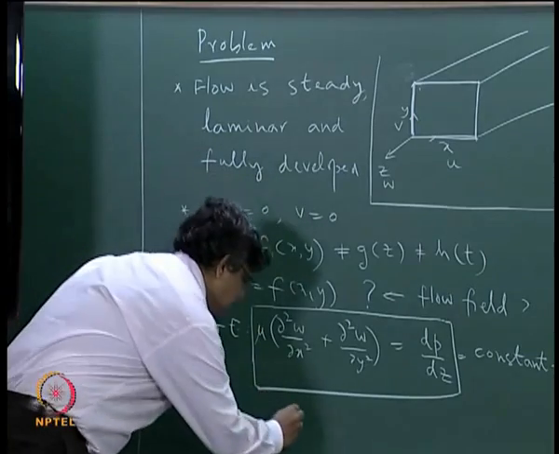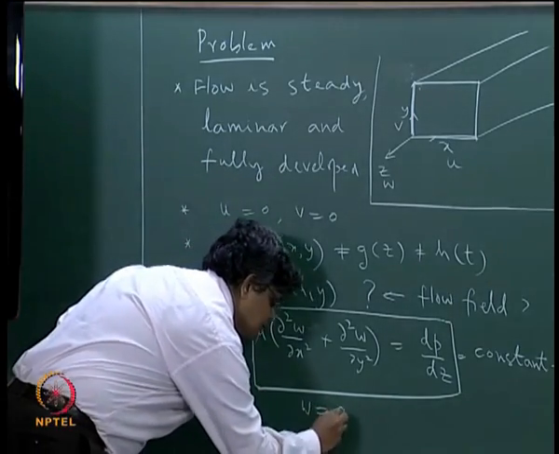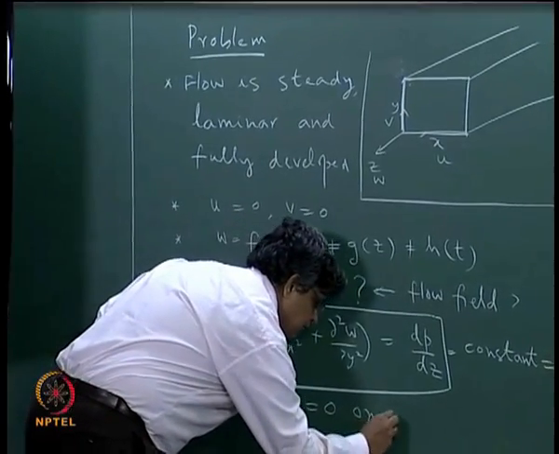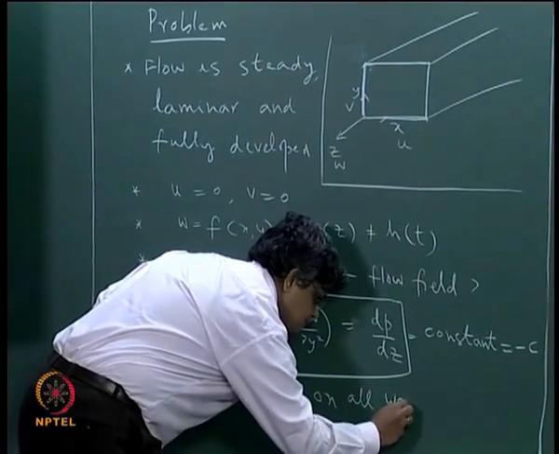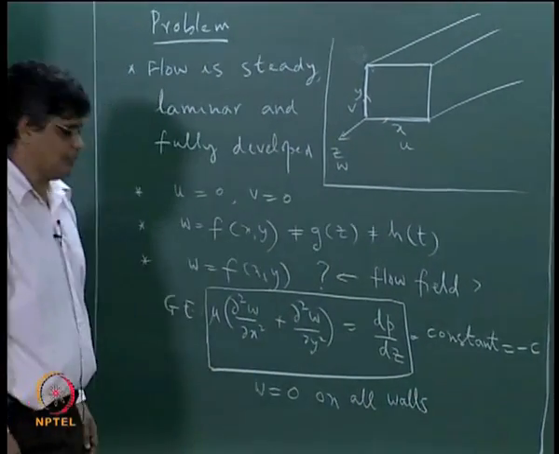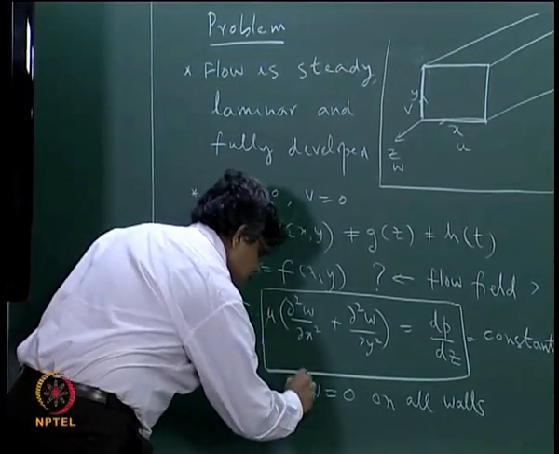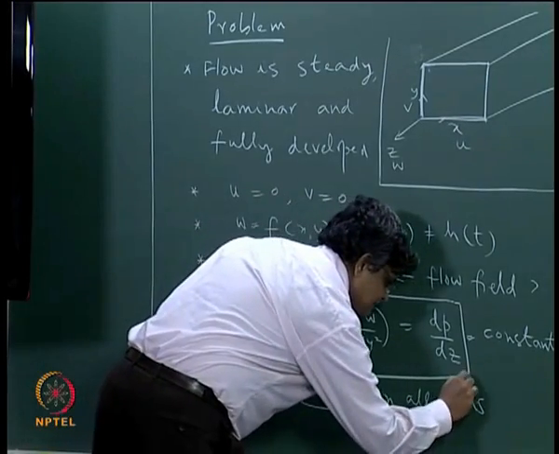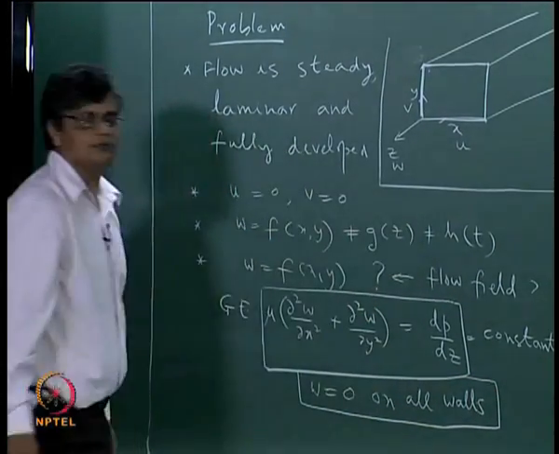So we can say that W is equal to 0 on all walls. So this is the second part of the specification of the problem.